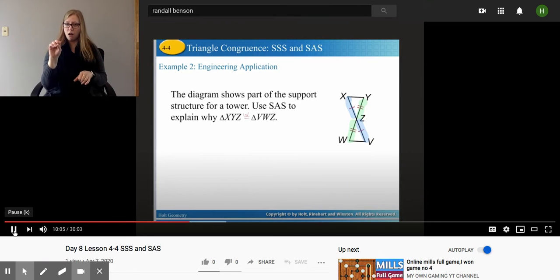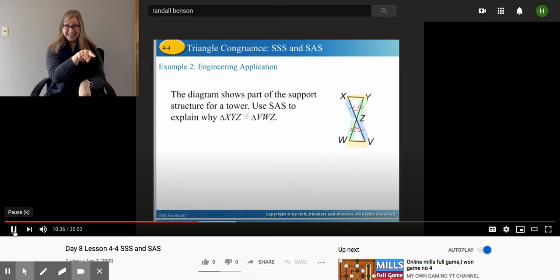And you can see that we have no information about these other sides on the ends, the WV and the YX. So we don't know anything about those two sides. But we do know something about the angle. And if we look at this angle that's in the center here, and the other angle that they meet at Z, those two angles are vertical angles.